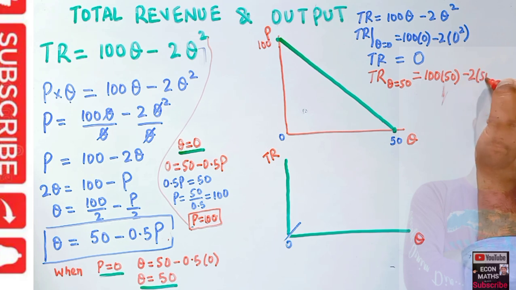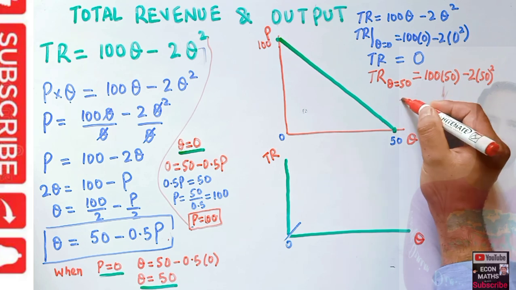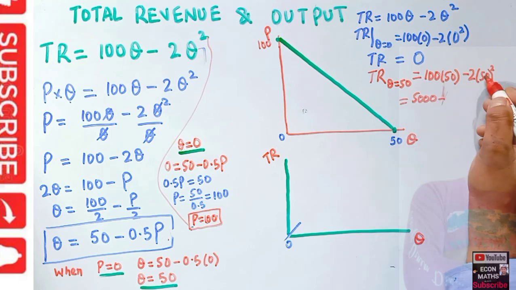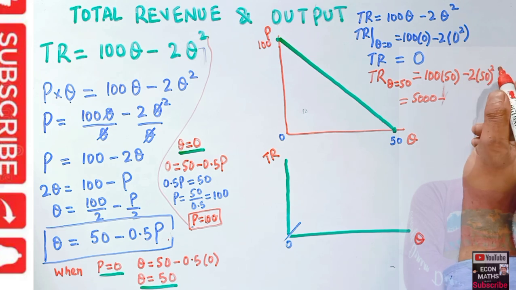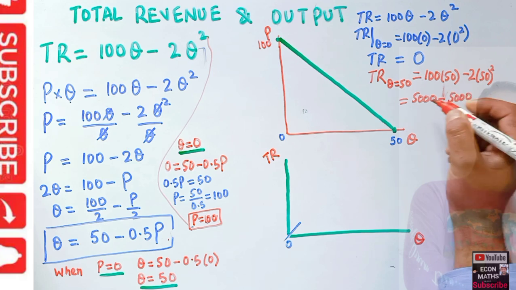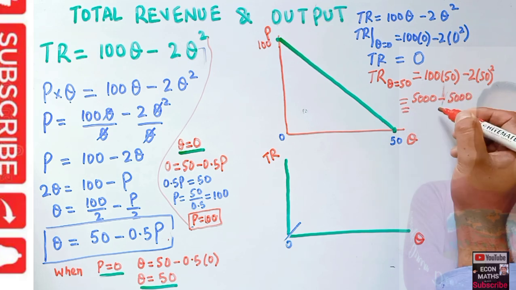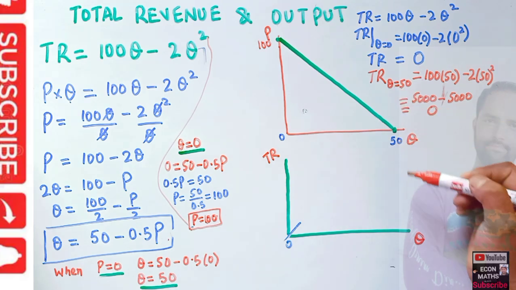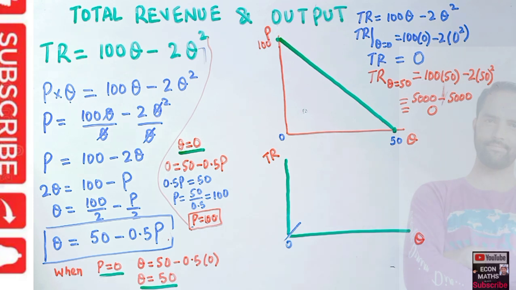So 100 into 50 comes out to be 5000, minus 50 into 50 is 2500, minus 2500 times 2 comes out to be 5000 again. So total revenue is again equal to 0. When output was 50, total revenue is also 0.